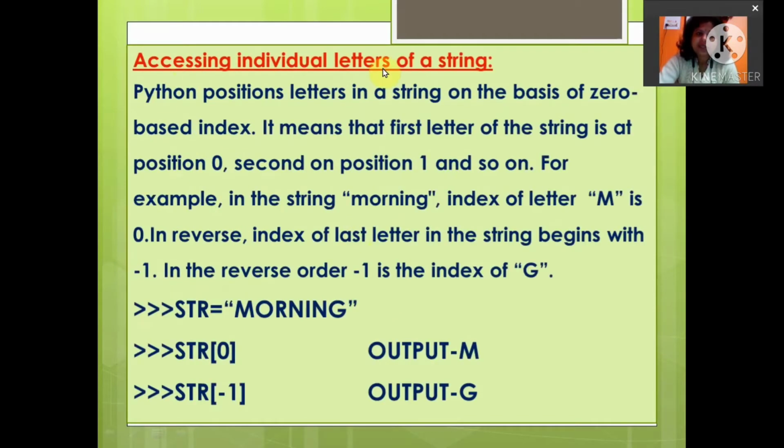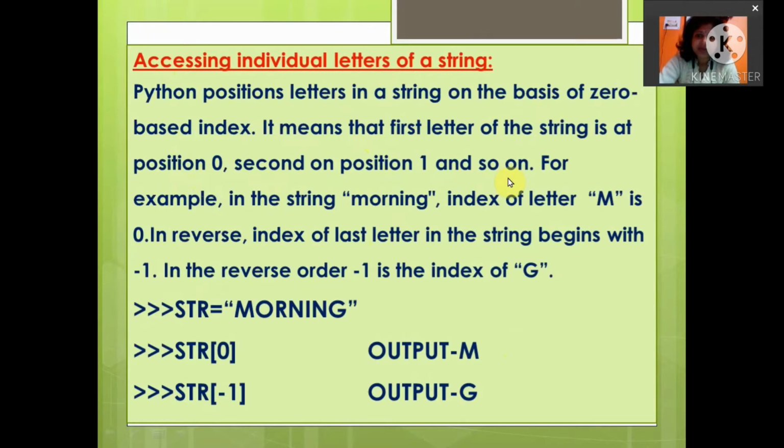Next, accessing individual letters of a string. How can you access an individual letter of a string? Python positions the letters in a string on the basis of a 0-based index. It means the first letter of the string is at position 0, the second at position 1, and so on.